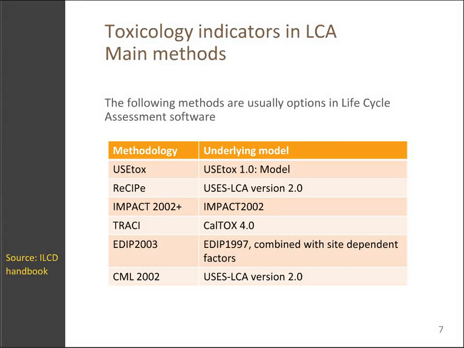It happens when using life cycle assessment toxicology indicators in general that sometimes, when using one method, you have conclusions that differ from another method. So for instance, when using USEtox, you can arrive at the conclusion that process A is less toxic than process B, while when using ReCiPe, the conclusion may differ.